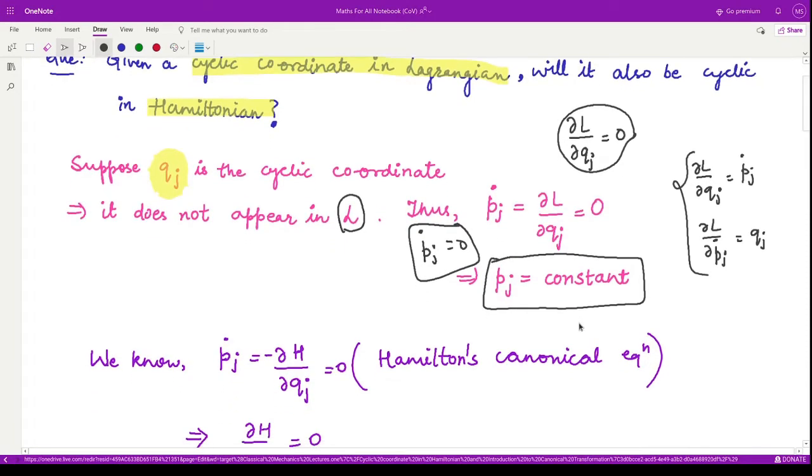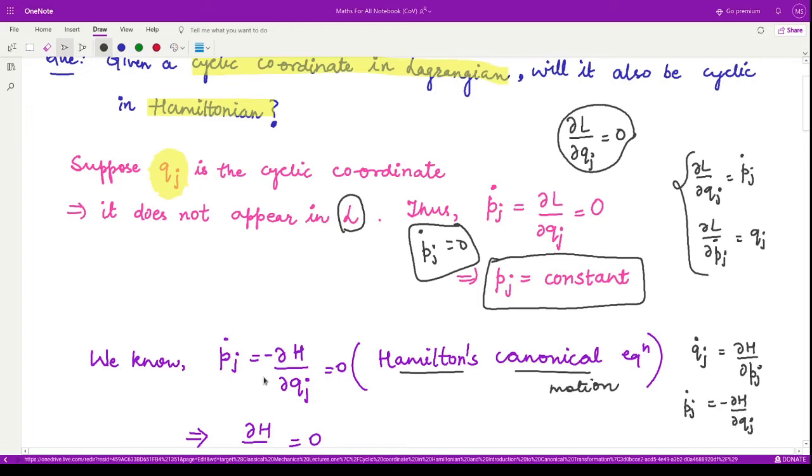Moreover, using Hamilton's canonical equations of motion, what do we have? The first equation is qj dot equal to del H by del pj, and the second equation is pj dot equivalent to minus del H by del qj.